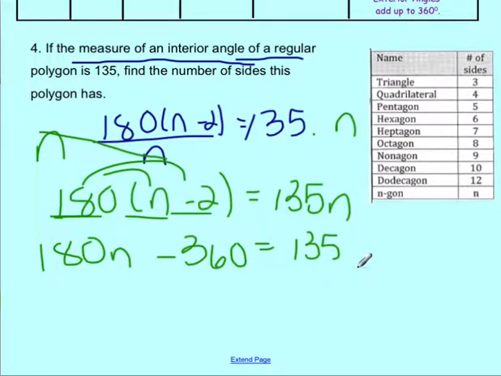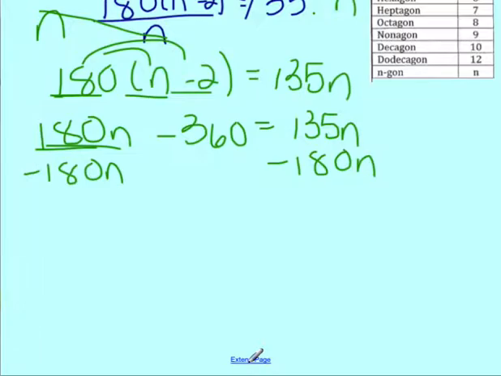135n. So now I want to get my n's on the same side. This is a positive 180n, so I'm going to subtract 180n from both sides. Once we've done that, we have negative 360 is equal to 135 minus 180, which gives us a negative 45, so negative 45n.